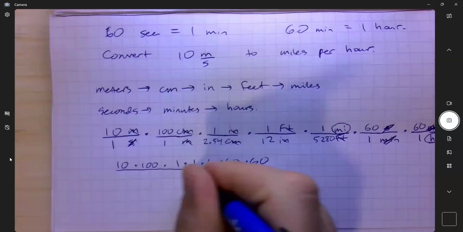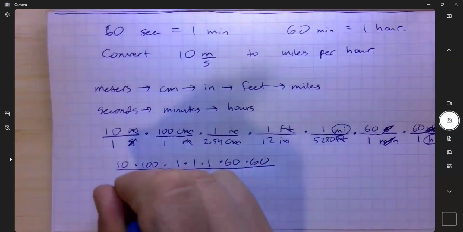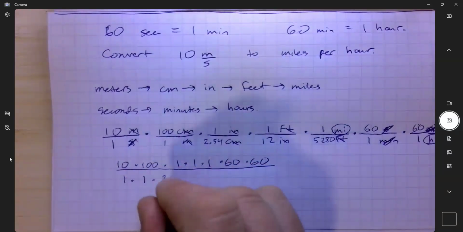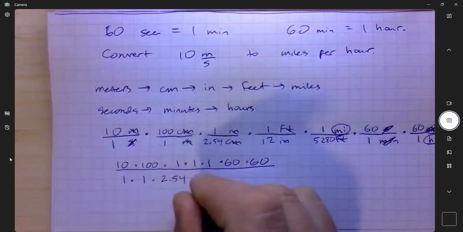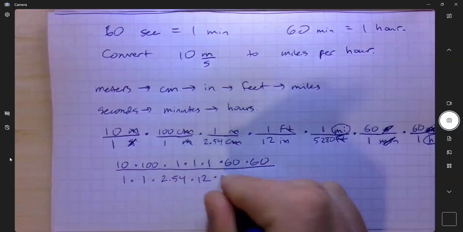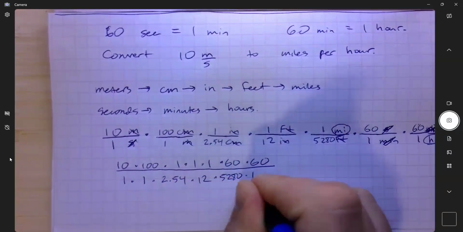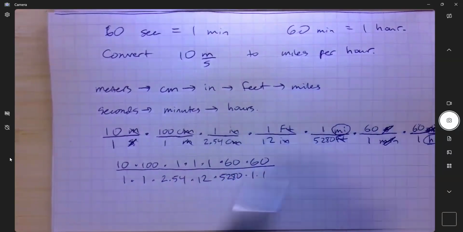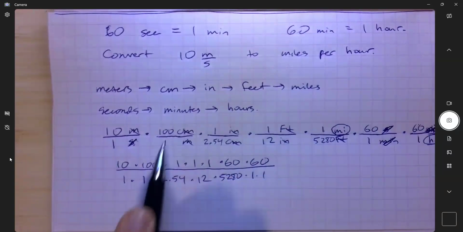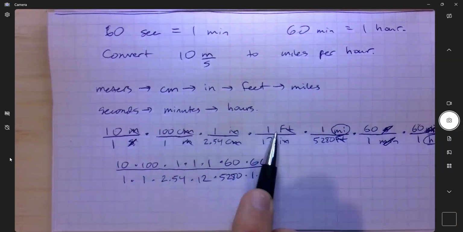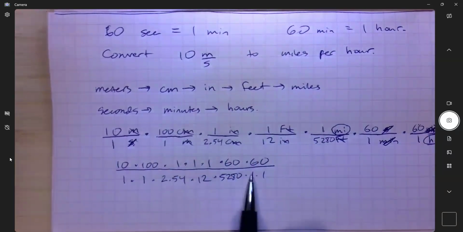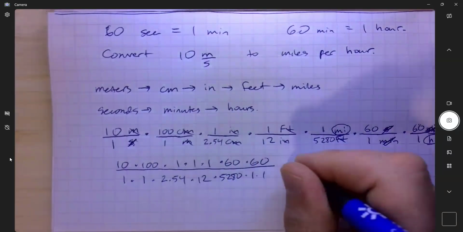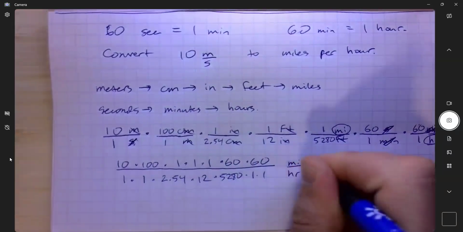And divide all of that by 1 times 1 times 2.54 times 12 times 5,280 times 1 times 1. This is going to give me miles per hour.